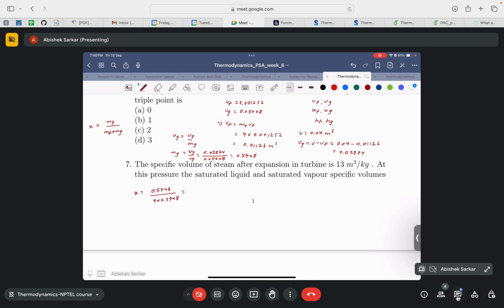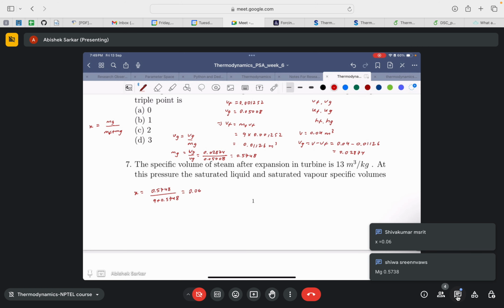So what does it come out to be? 0.06, exactly.